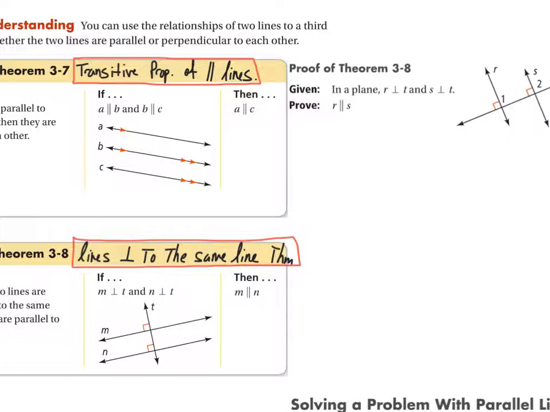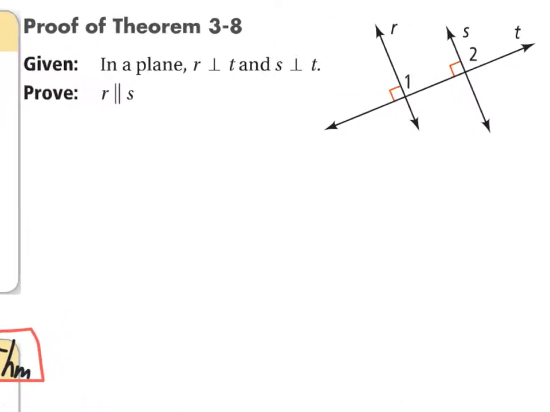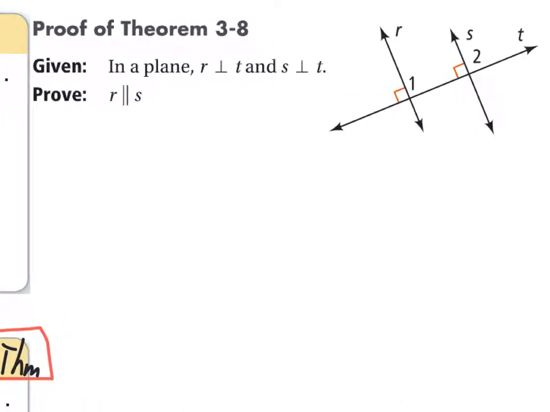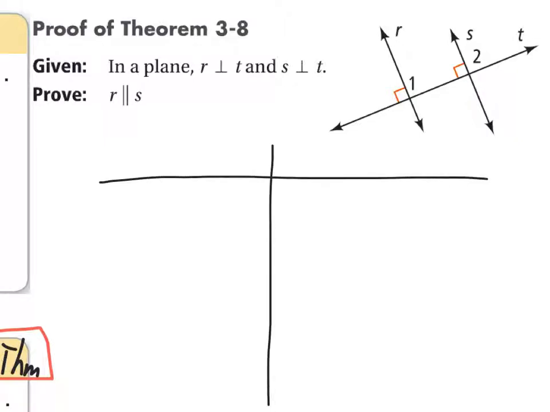All right. So let's take a look here. In fact, we happen to have a proof here that we can write of what I just said. I just walked us through this proof, so let's see if we can recreate it. So we want a 2-column proof. Remember, they have to have statement and reason for our 2 columns.